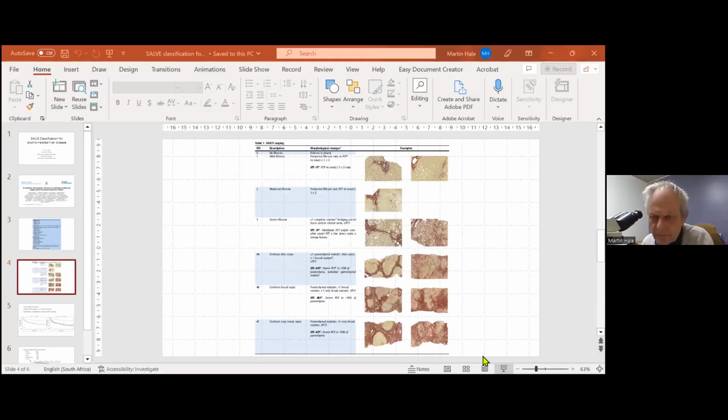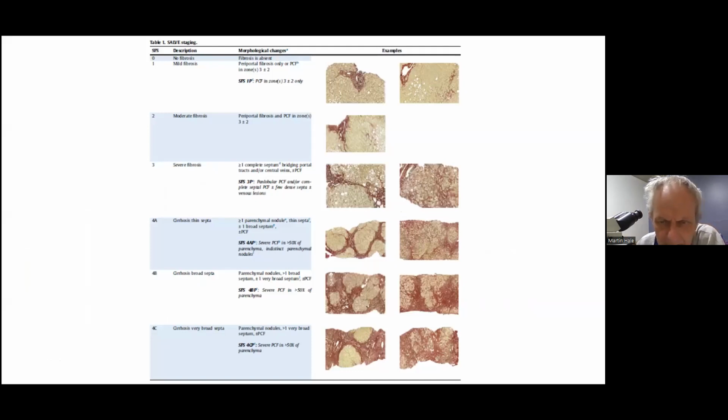So the question is, what is this fibrosis? Is it this here? Because we've also got this pericellular chicken wire type fibrosis there. I certainly think we've got this, but do we have this? And I think the answer to that is no.